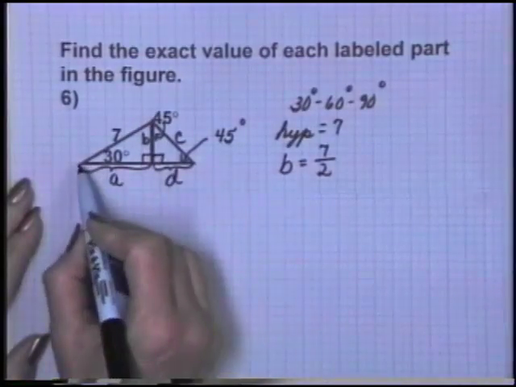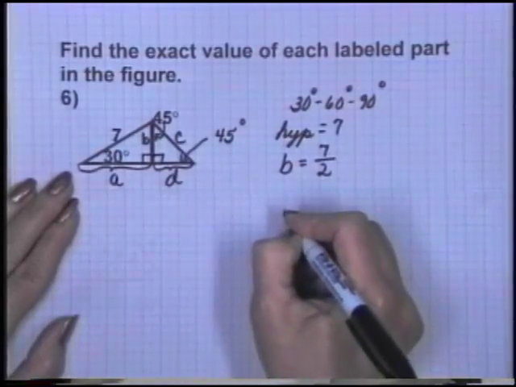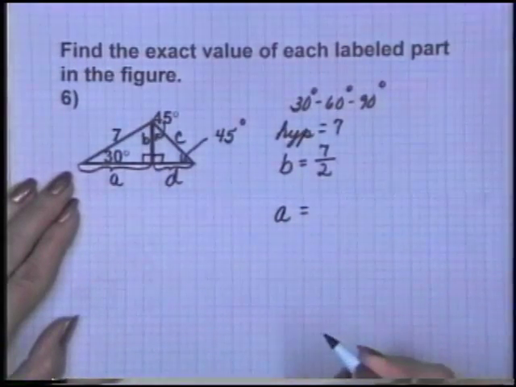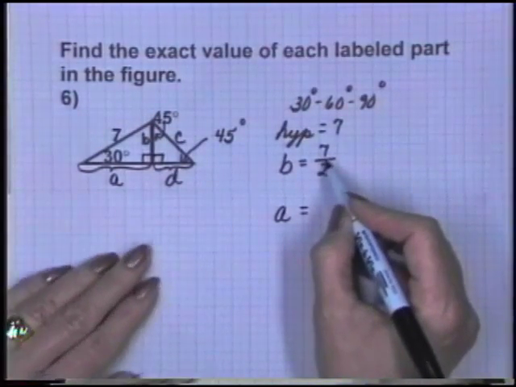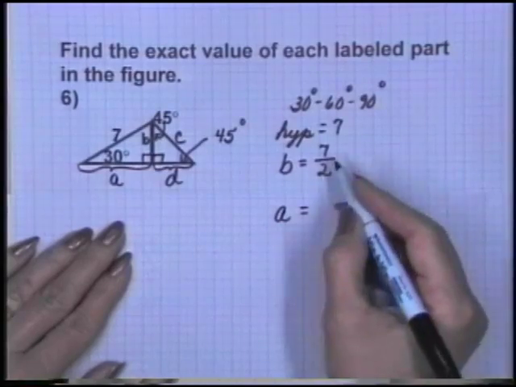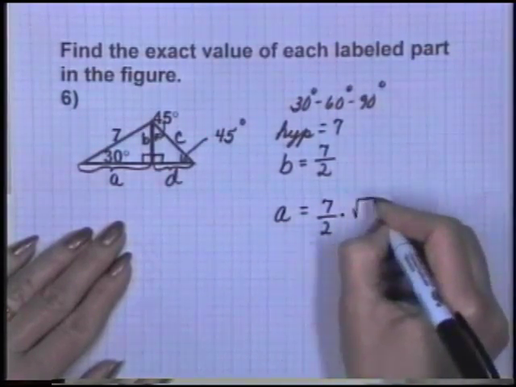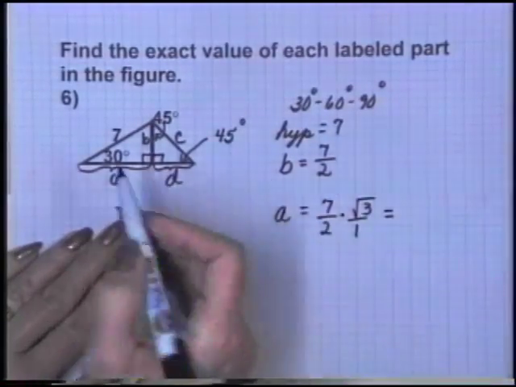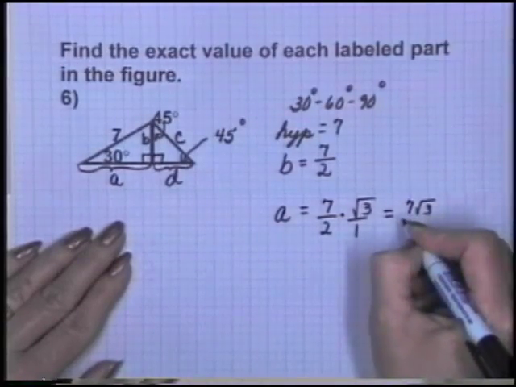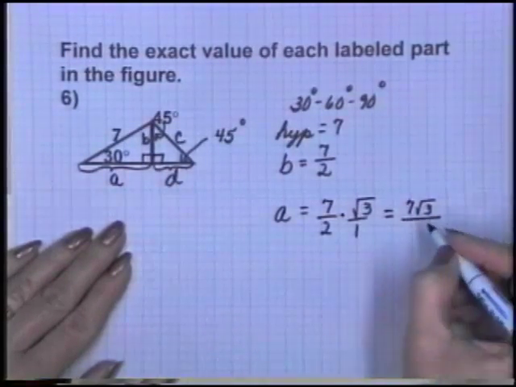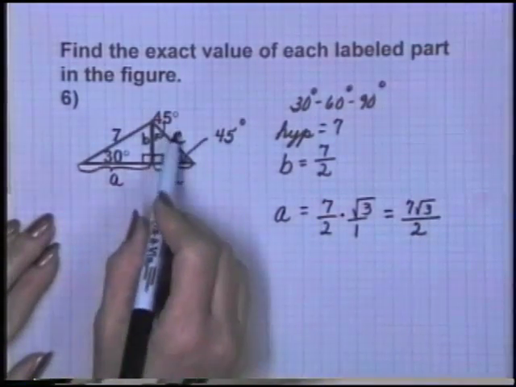Now that I have the side opposite the 30 degree angle, I can find the side opposite the 60 degree angle, which is side A or leg A. And how do I do that when I know the length of the leg across from the 30? I take the length of the leg across from the 30 and I multiply by the square root of 3. So leg A equals 7 times the square root of 3 divided by 2.